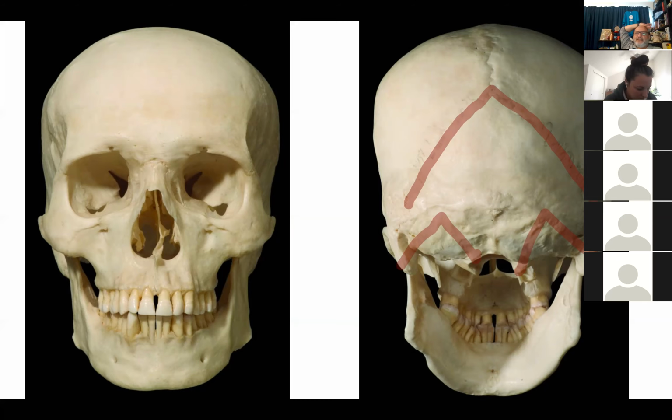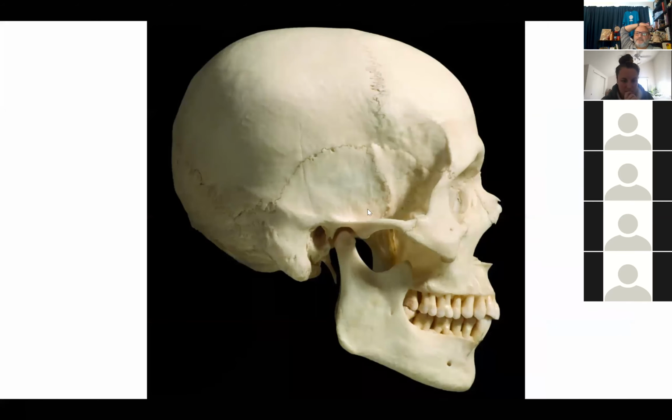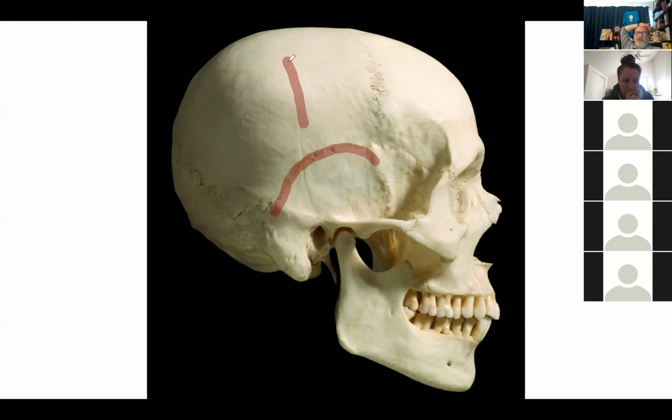And then lastly, notice that we have this suture between the parietal bone and the temporal bone. And what must that one be? Squamous. Now, this one is a teeny bit tricky.